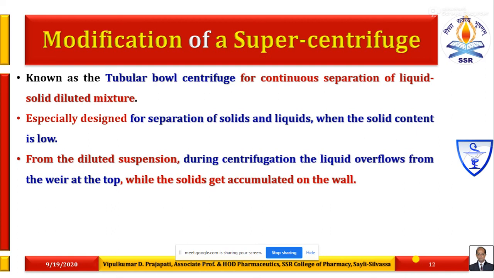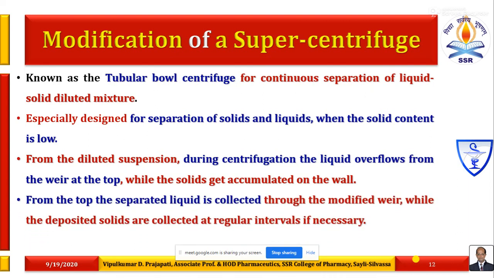During centrifugation, the liquid overflows from the weir at the top while the solids get accumulated on the wall. Hence, from the top, the separated liquid is collected through the modified weir, while the deposited solids are collected at regular intervals if necessary. So due to modification, its capacity is limited.